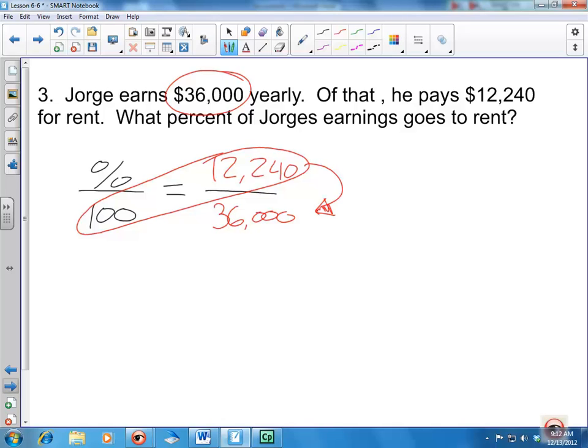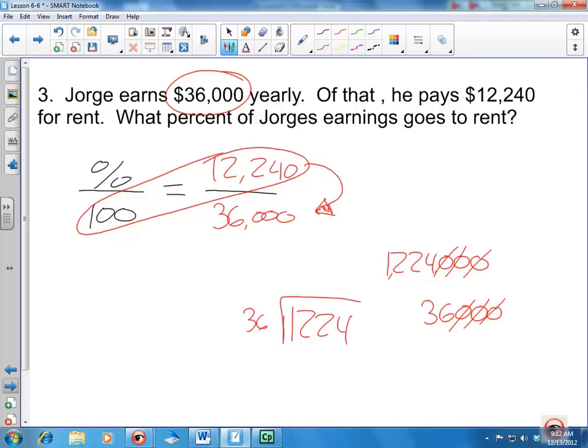Now, we also know whenever we have our numbers like this, and we have our 36,000 that we're going to divide by, we know one of our shortcuts is we can eliminate our zeros. Since we have 3 zeros there, we can eliminate 3 zeros there, which leaves me with 1,224 divided by 36.